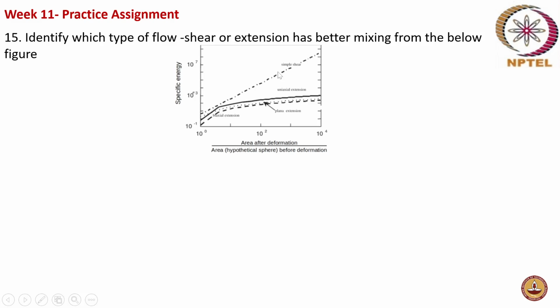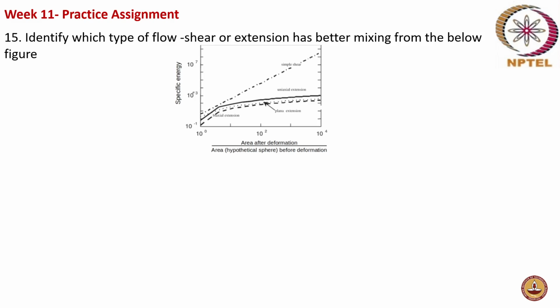This line is for simple shear, this is for a uniaxial extension, and this is for a planar or biaxial extension. So which one will have better mixing based on the figure?